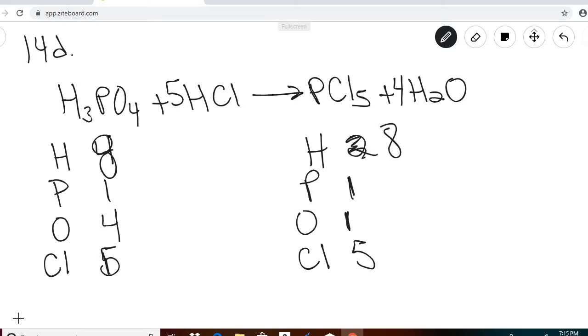Okay, then phosphorus are still okay. We have 1 of each. So then we look at the oxygen, and we have 4 here, and we have 4 here. So I think that's going to be it.